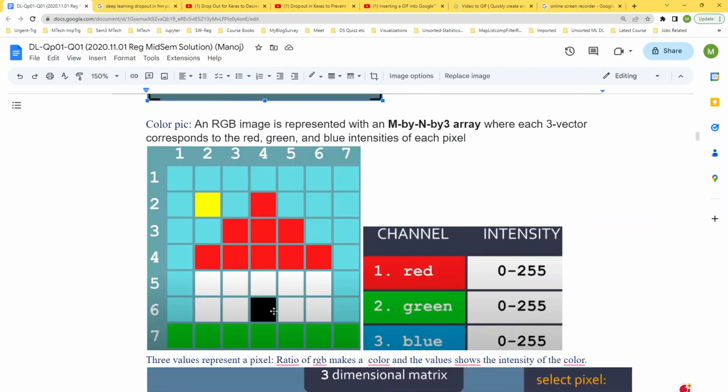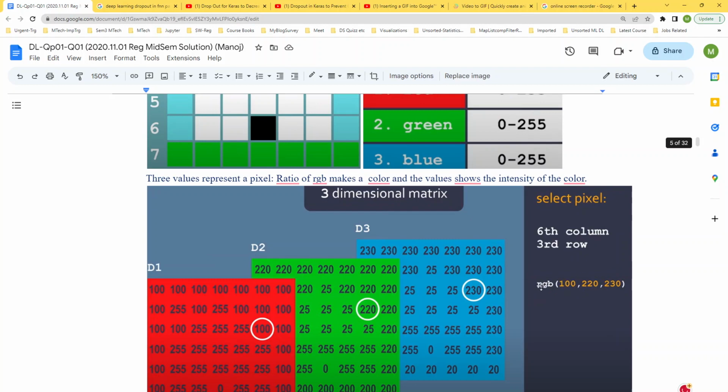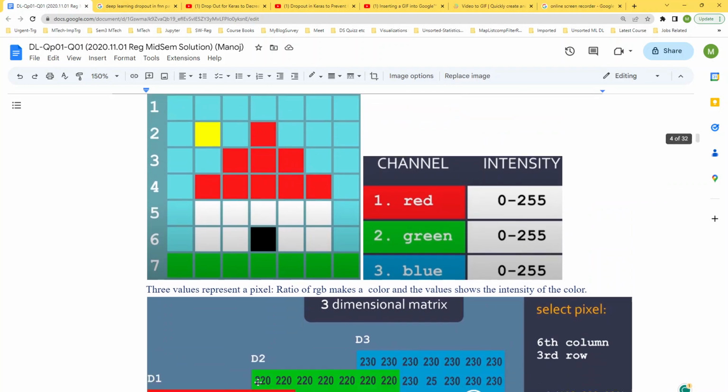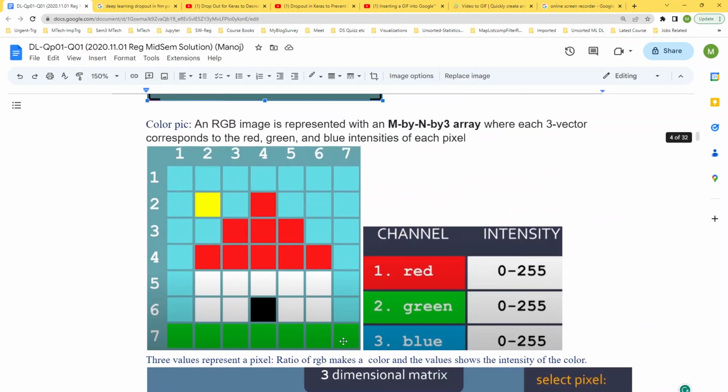In RGB, each pixel has to be represented by an R value, a G value, and a B value. We know that when we add all those in equal proportion, it becomes white, and a lack of it, or 0 in each, will be black. And the ratio of different RGB values gives different colors. Is this clear?